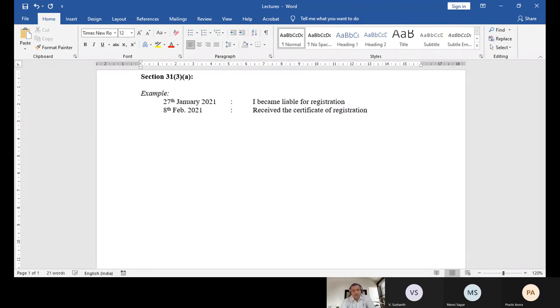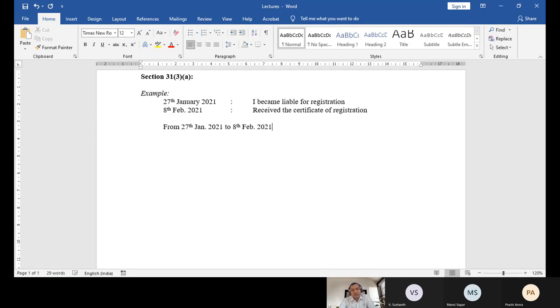Now, one thing is sure that from 27th Jan 2021 till 8th Feb, for example, registration is received on 8th Feb in the evening, and after this there is no supply on that particular day.